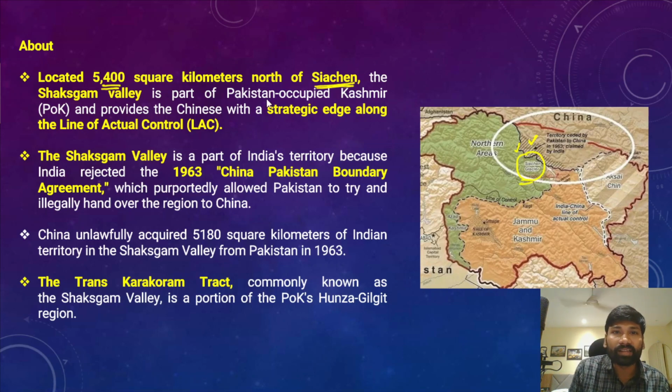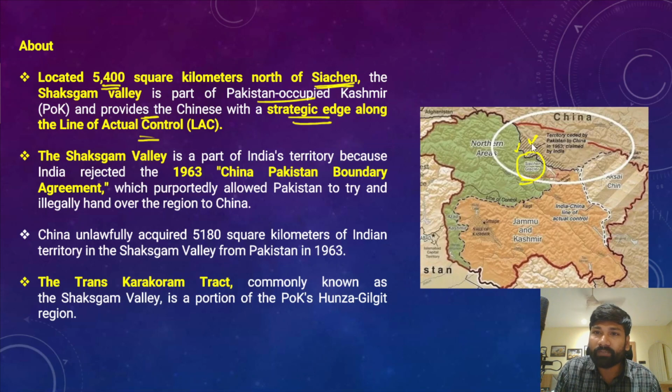This Shaksgam Valley is part of Pakistan occupied Kashmir, and Pakistan ceded it to China, and it provides a strategic edge for China along the Line of Actual Control.